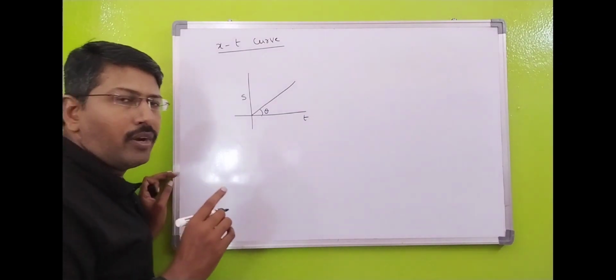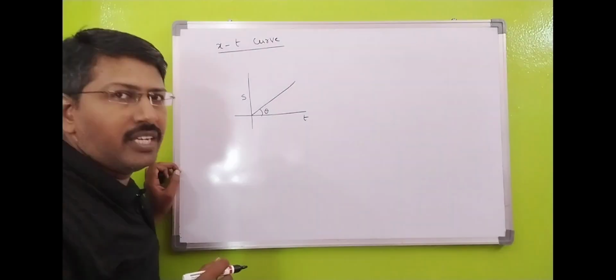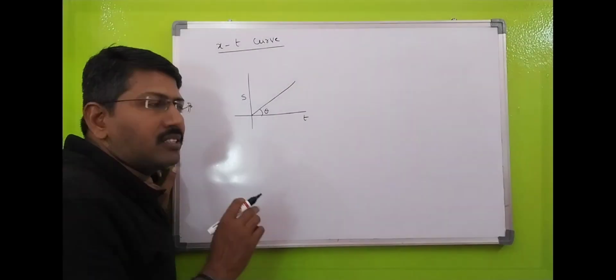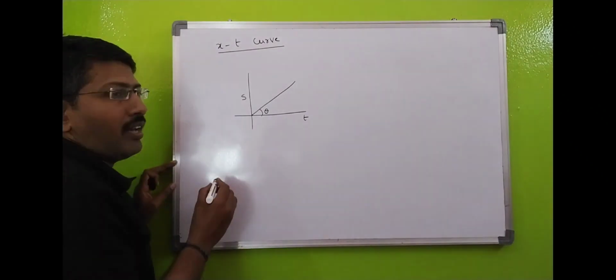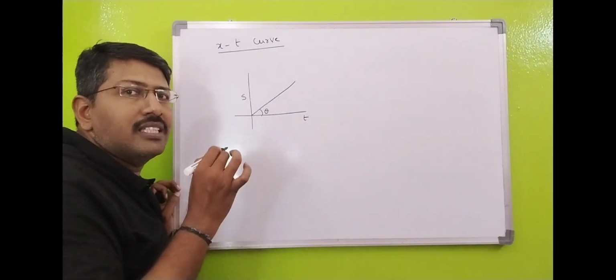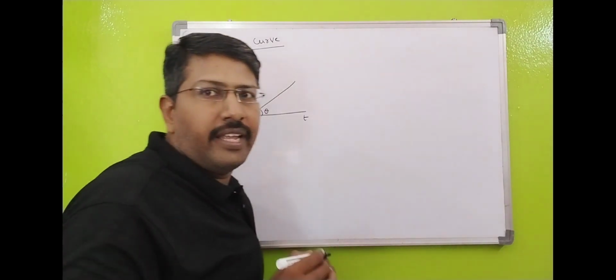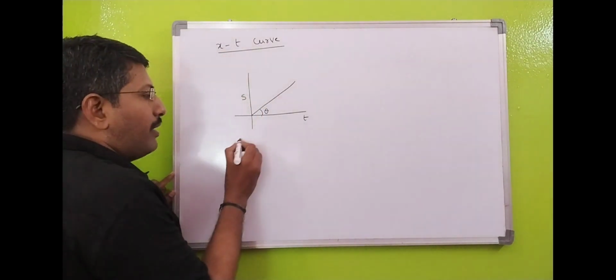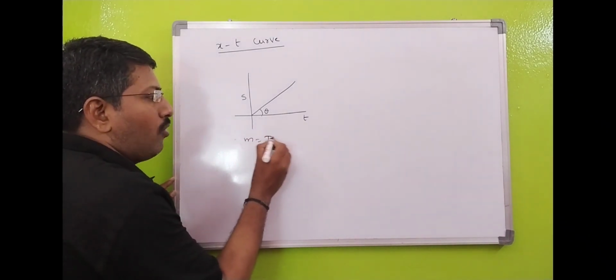That velocity is instantaneous velocity. What type of velocity? Instantaneous velocity. So that means the value m = tan θ = slope value.